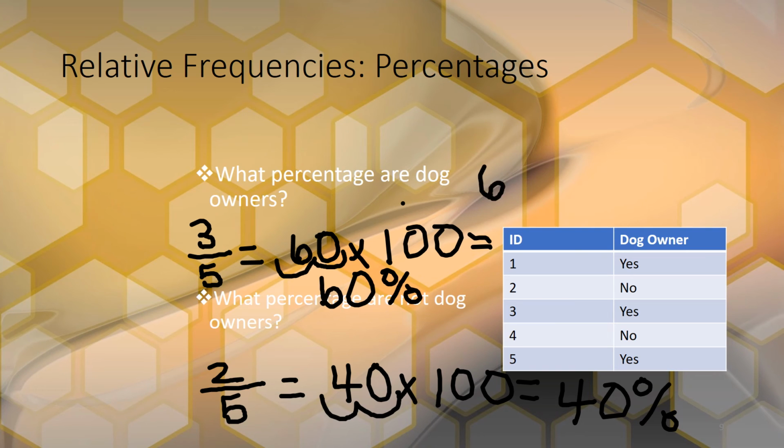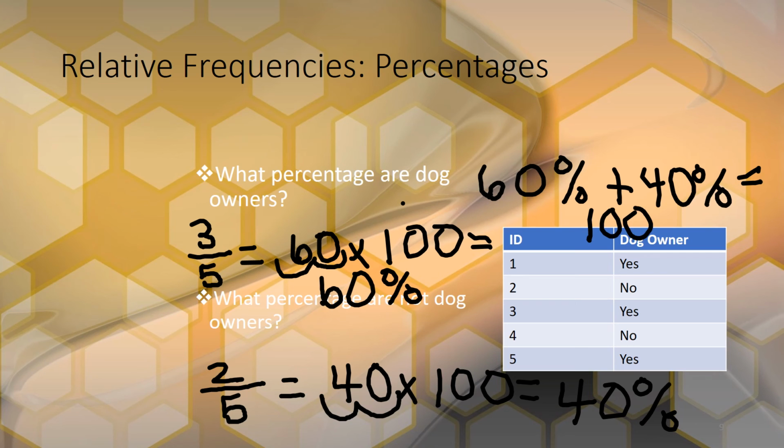So 60% plus 40% equals 100%. So that's a good check. It worked out, so that probably means that our percentages are correct.